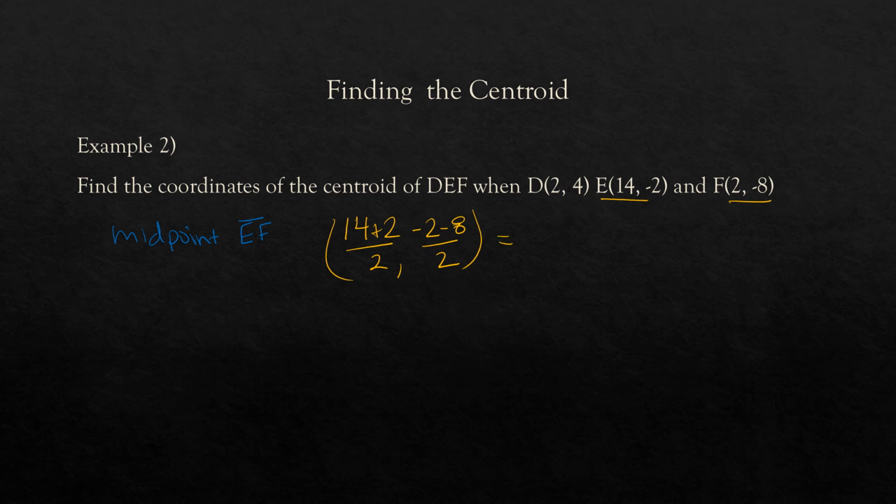So 16 over 2 is 8, and -2 and -8 is -10 over 2 is -5. So (8, -5), and then our last point will be D, the point that we didn't use for our line. So between this midpoint and D is where we want to find the equation of the line.